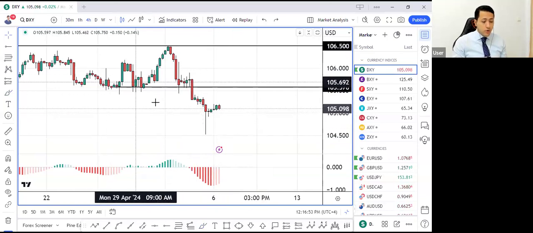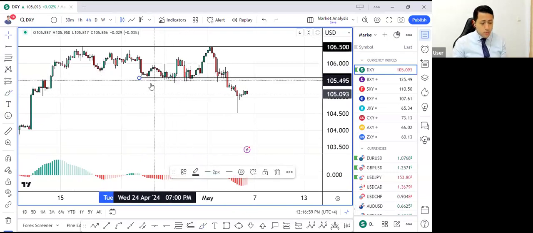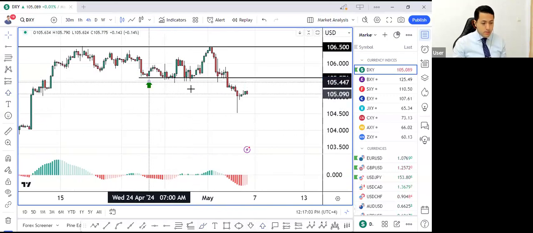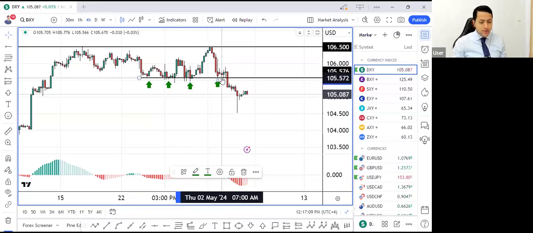And on the 4-hour time frame as well, we have just broken below a major support. That was a support that we tapped into once, twice, 3 times, even 4 times before breaking. I think it would definitely be retested because it's a key level of support.